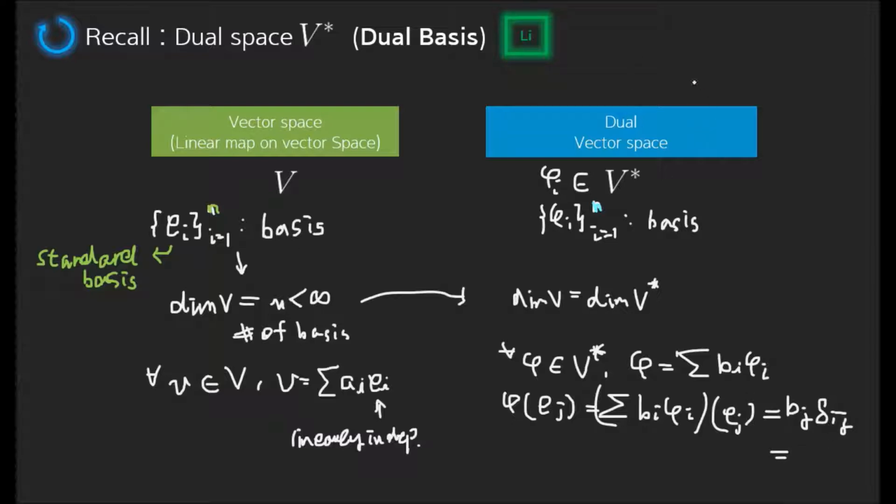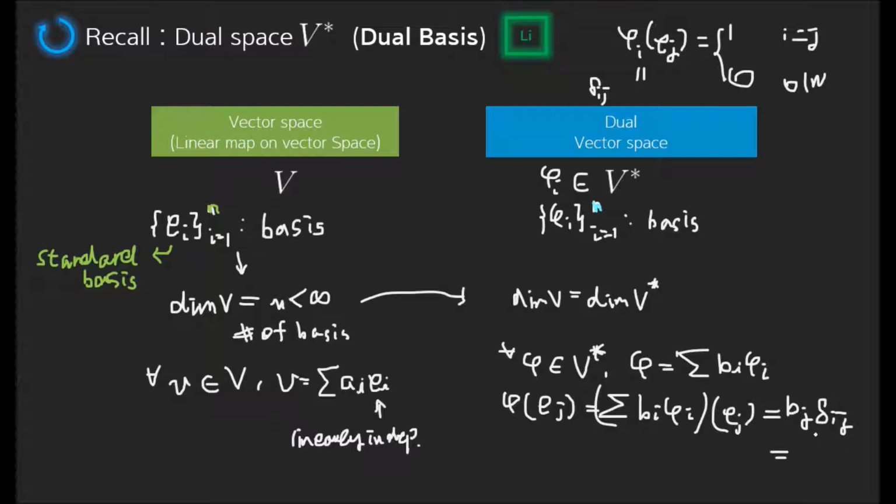As I already said, phi_i(e_j) is 1 if i is equal to j, otherwise 0, and this is denoted by the Kronecker delta ij.